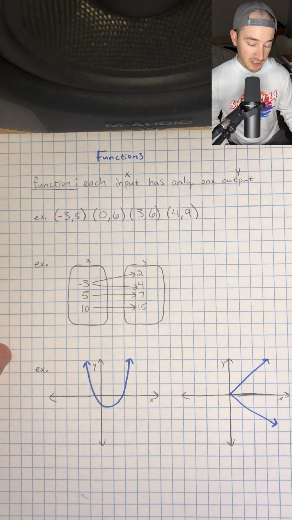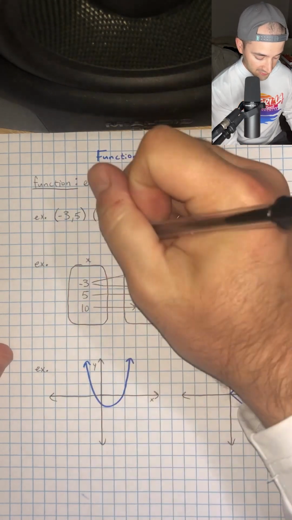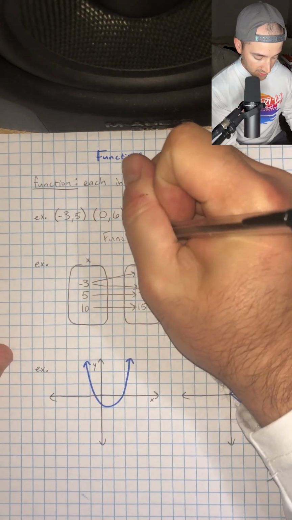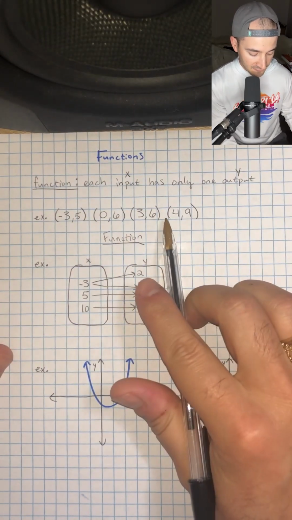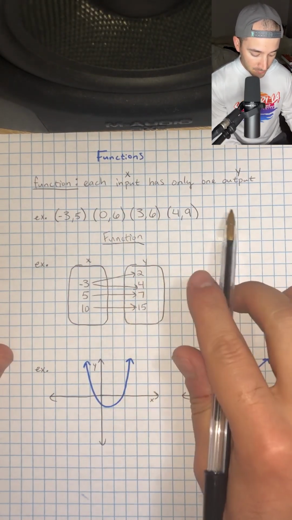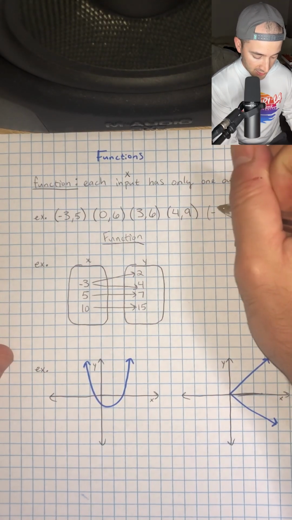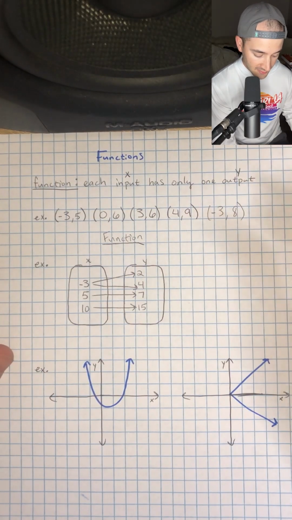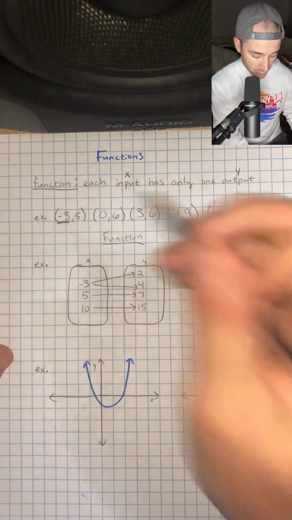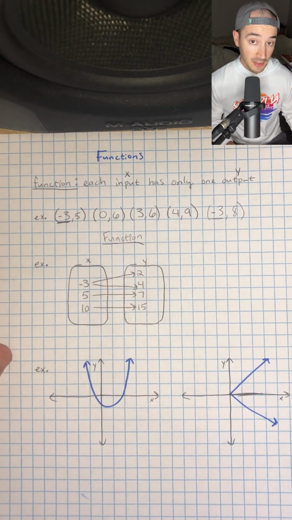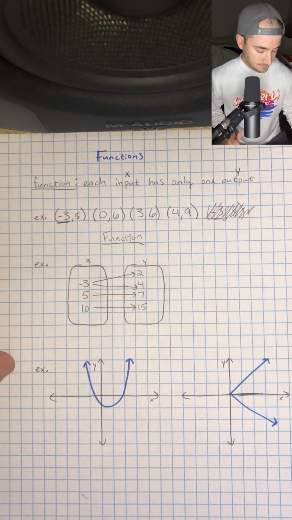Because each x value is different and they don't repeat, this is a function, okay? So our first example is a function. Now, if we had another point over here, let's say it was (-3, 8), then we would have -3 and -3 that repeat, and it would not be a function, okay? So just ignore that for now.